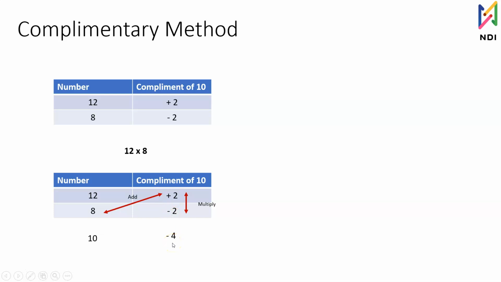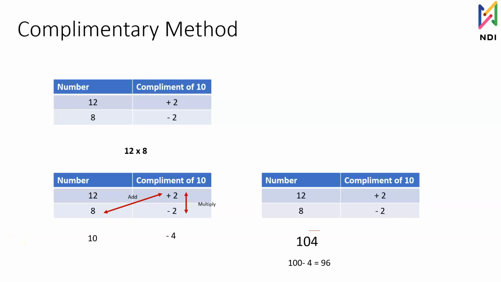This is where this gets interesting. Now, how can you represent 10 minus 4? How can you combine a positive number and a negative number? You can represent it as 104 and put a bar, right, to indicate this 4 is a negative number, right? Which means I have to actually subtract this 4 from 100, right?